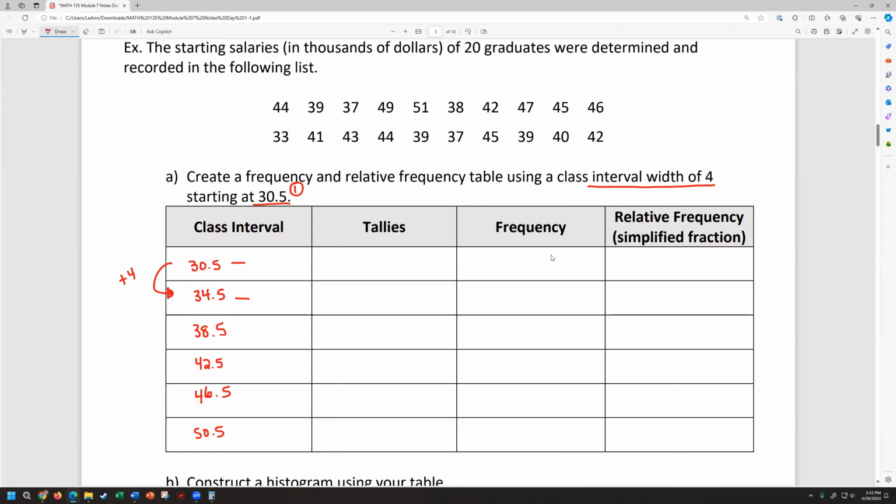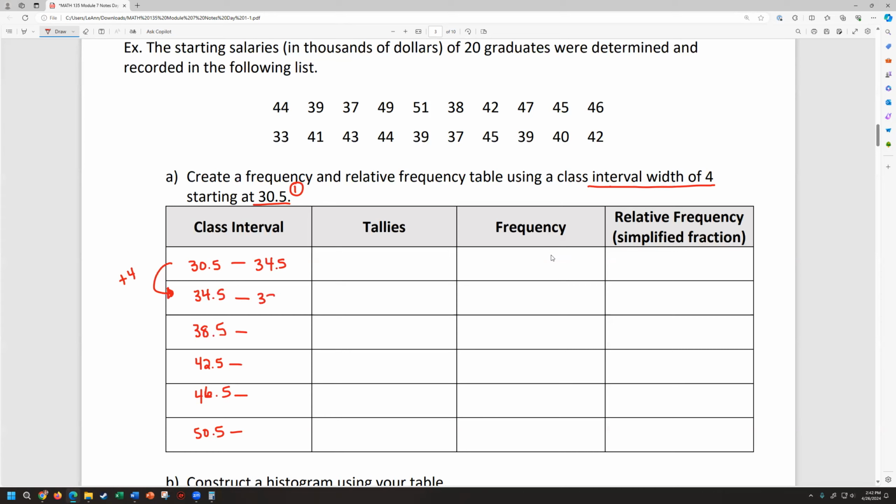Okay. Now, the way we do this is, remember, these are half steps because none of these are half steps up here. This is all integers. So it is okay to have our first interval also end with the 34.5 because that is not a possible salary where we would have somebody being in both intervals at the same time. This is a boundary number. Okay.